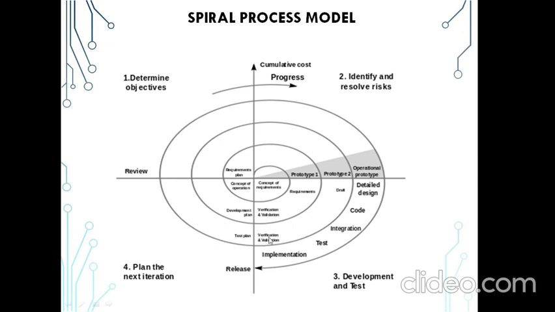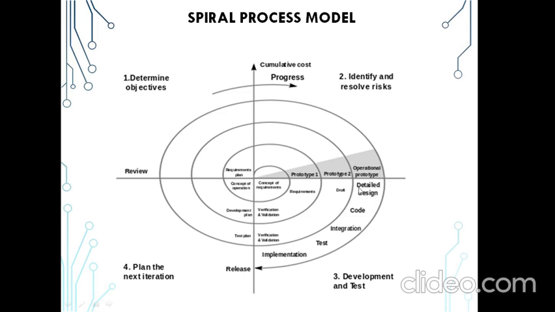Again, the draft is done to develop and test the requirements, verifications and validations take place, and then test plans are made for the next iteration. Then review takes place, and finally the operational prototype is delivered, or construction of the operational prototype starts.